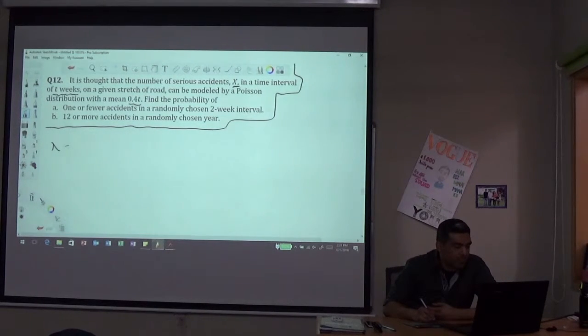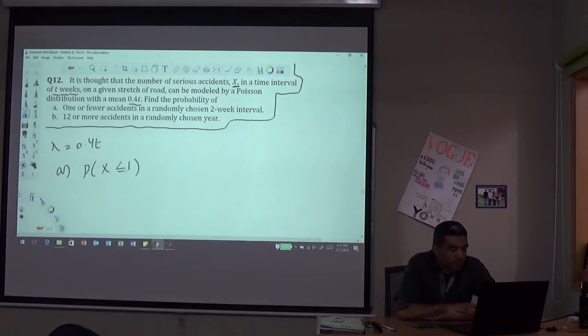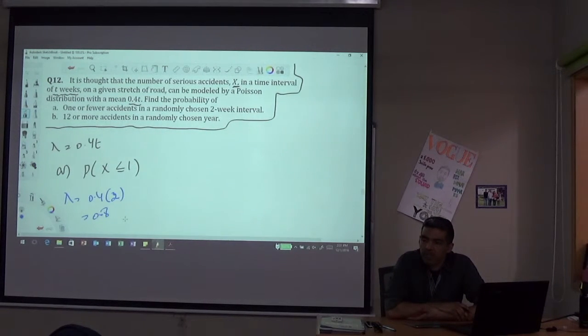So basically lambda is 0.40. Find the probability of one or fewer accidents, so the probability of x less than or equal to 1, in a randomly chosen 2-week interval. So a 2-week interval would mean 0.4 times 2. So the lambda that you're going to take is 0.8.